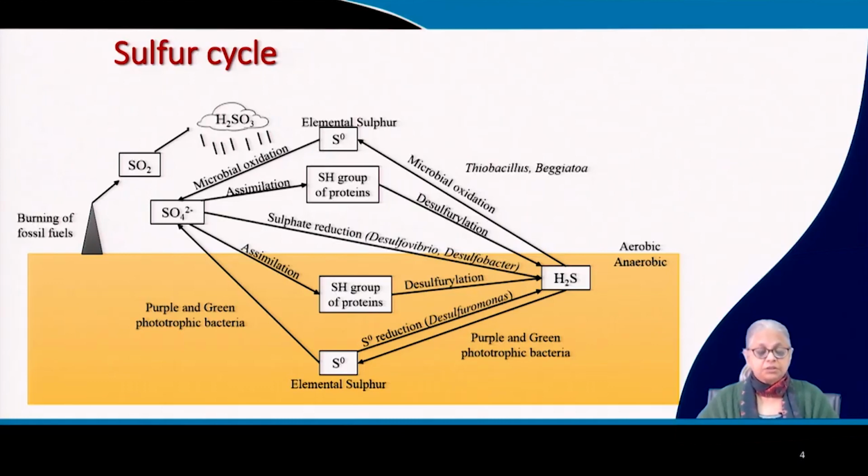Under anaerobic conditions, the same reactions are mediated by purple and green phototrophic bacteria as well as chemolithotrophs. Then you have sulfate reduction under anaerobic conditions, sulfate to sulfide. So you have sulfate going back to sulfide, and that's sulfate reduction by anaerobic bacteria like Desulfovibrio and Desulfobacter.